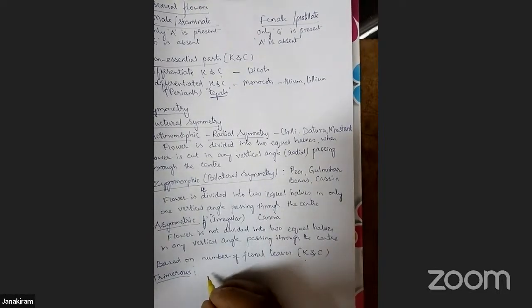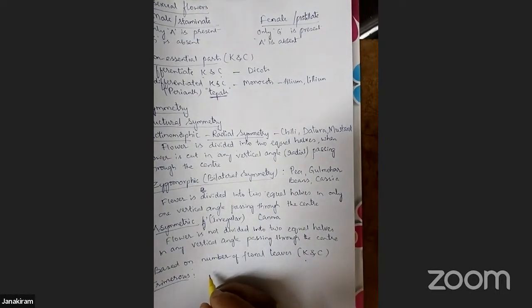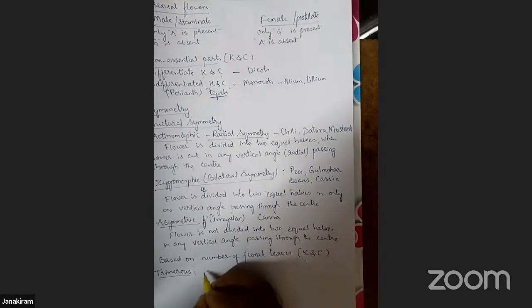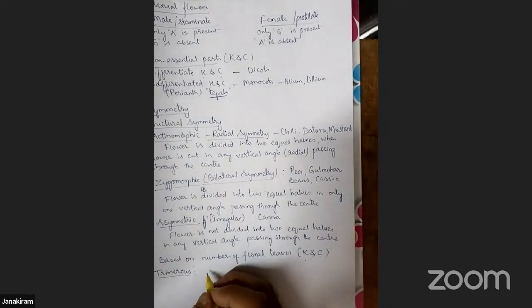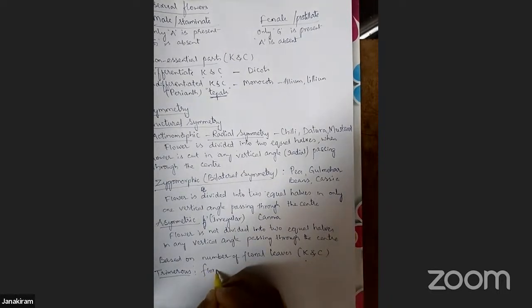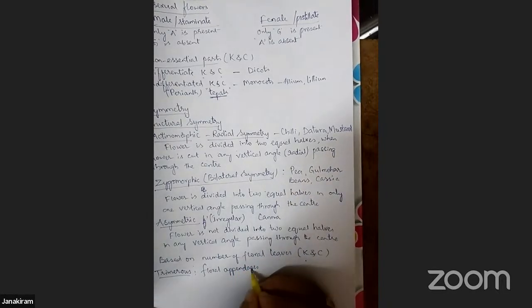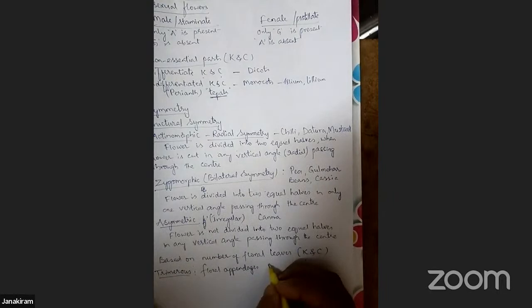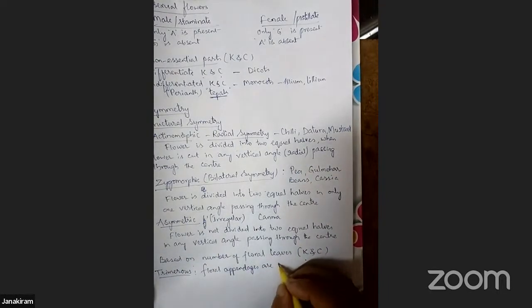Trimerous flowers means every whorl present on the thalamus will have sepals and petals either three or in multiples of three. So the floral appendages, that is floral leaves only, are in multiples of three.